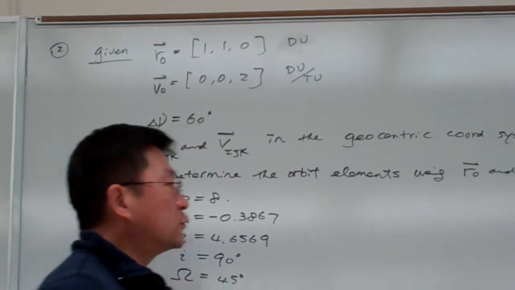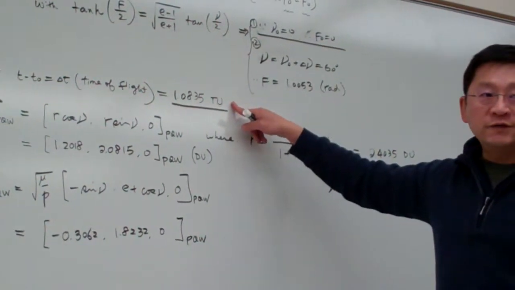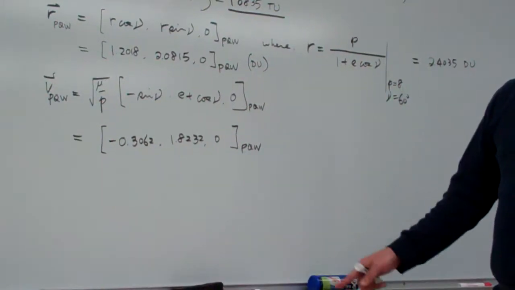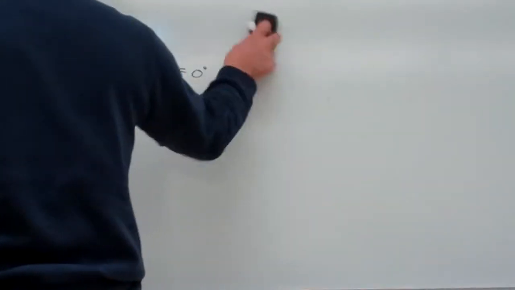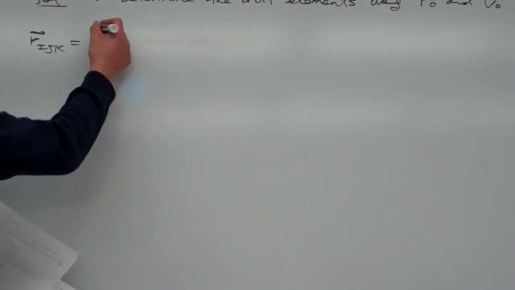Since the time of flight we calculated doesn't get used in our remaining calculation, that's okay. Now, how to determine R in IJK? Again on the cheat sheet, and that is a big calculation.